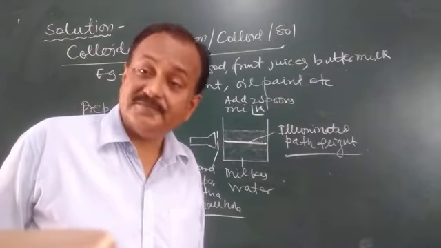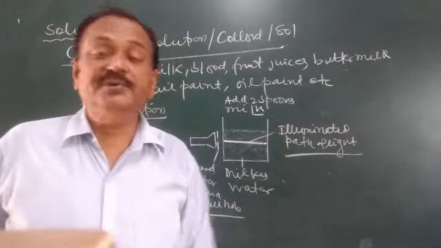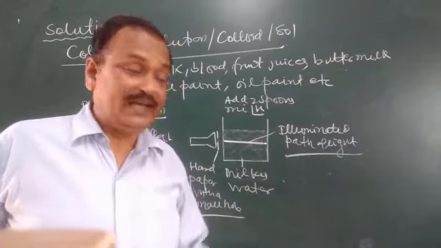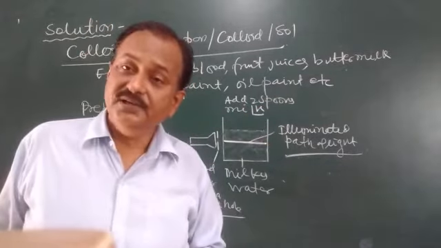The point is why it is illuminated: because light is made up of particles called photons or quanta, and the size of the solute particles is from 1 to 1000 nanometers.